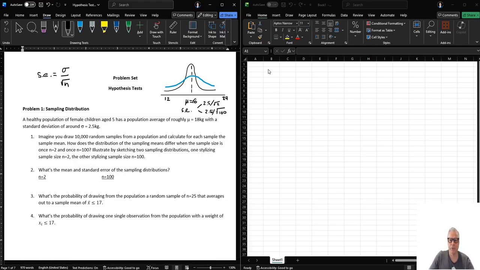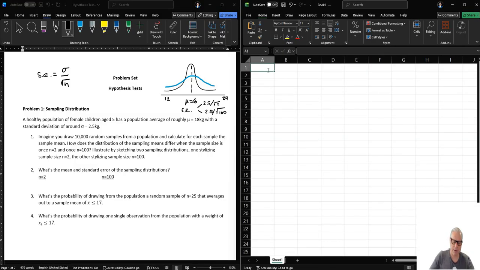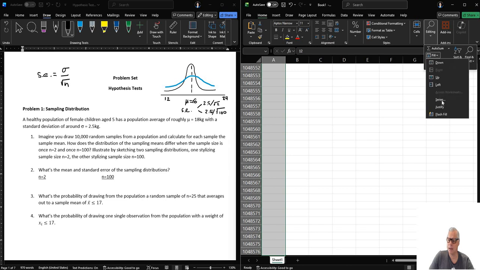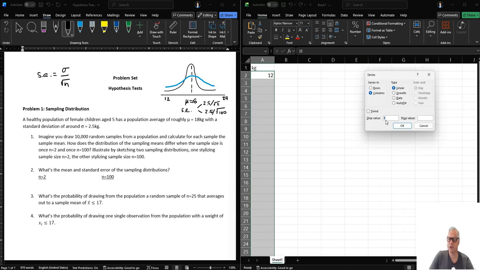On the x-axis we have now kilogram, and let's say I start at 12, and now I highlight the entire column and I fill this series. I click on editing, fill series, and I fill it with a step value of, let's say, 0.1, and I want to end at 24.